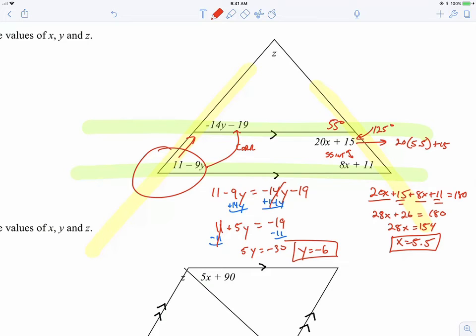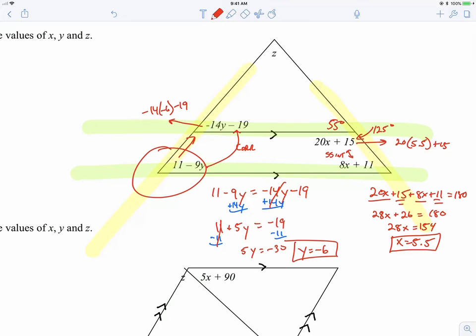If I plug my y of negative 6 back into this guy, I get negative 14 times y, which is negative 6, minus 19. So I get the negative 14 times the negative 6 is 84. And then 84 minus 19 is 65. So that angle right there is 65.